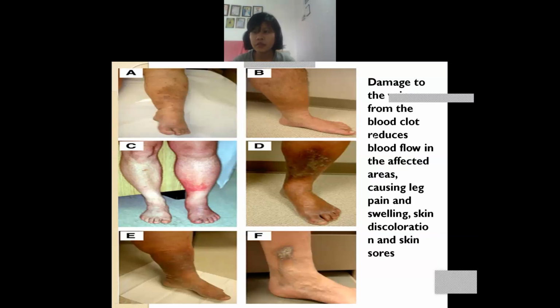Because of the reduction of the blood flow in the leg, the leg portion will get affected. So that's why swelling will occur, skin discoloration will occur, and skin sores will also occur, means pain. So these are some pictures. Okay, is it clear?